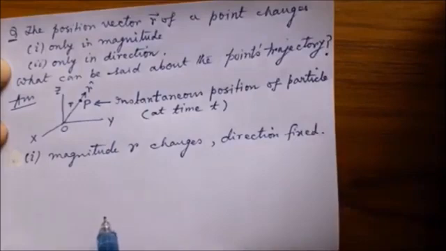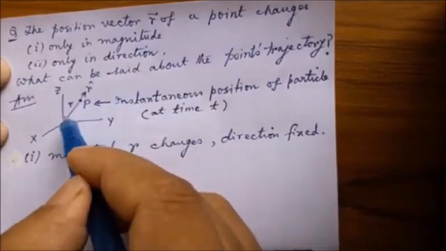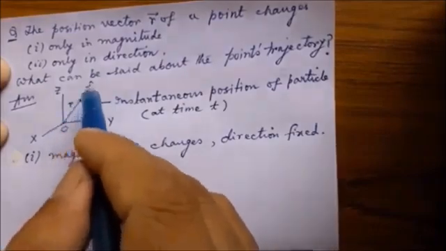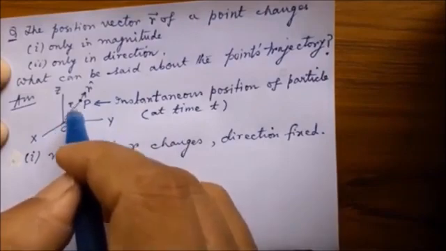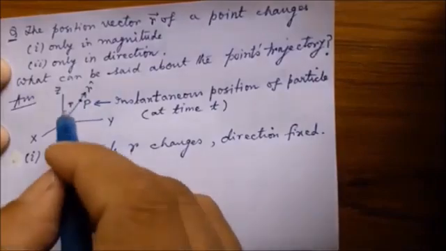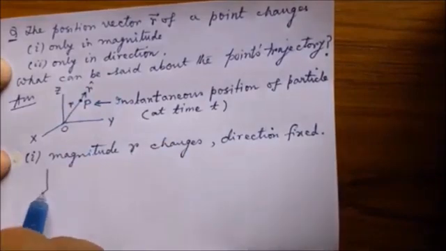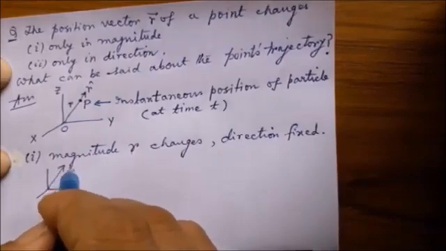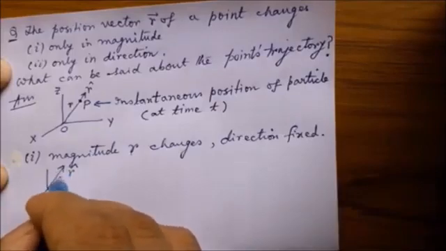So this means that the particle will move along the straight line OP, either along r cap or along minus r cap, and as it moves, the magnitude r, that is distance from the origin, will change. So the trajectory will be clearly a straight line, along r cap, the straight line OP.